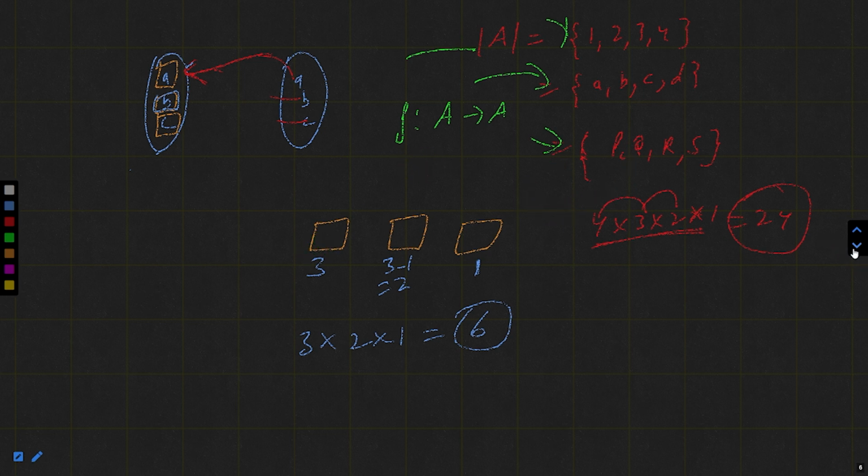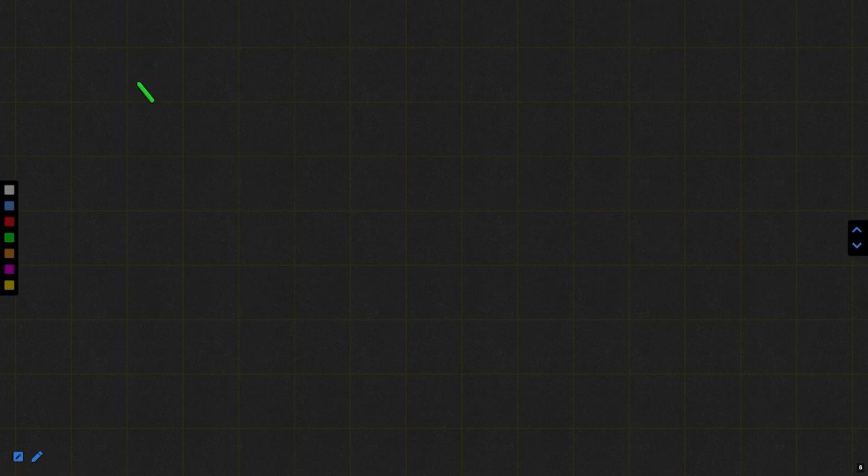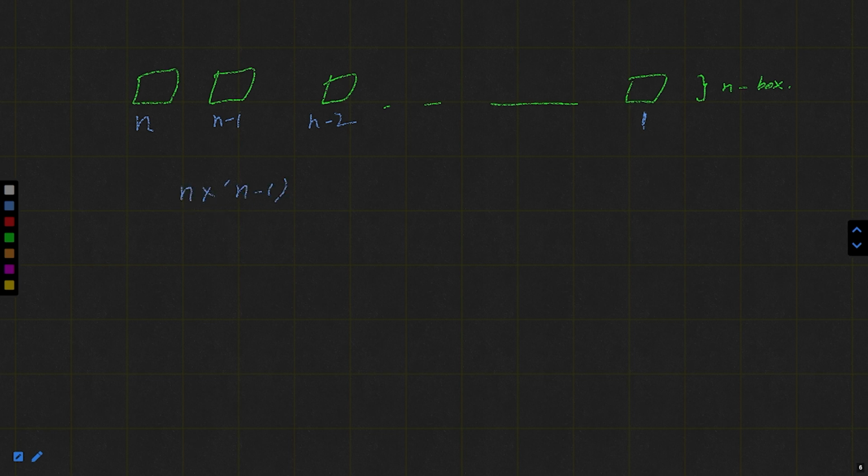So if you have n boxes, how are you going to arrange them? In the first box, how many elements can you fill or associate with? n. In the second, n minus 1, n minus 2, till 1. If you recall, this is nothing but the definition of the factorial, which means n factorial.